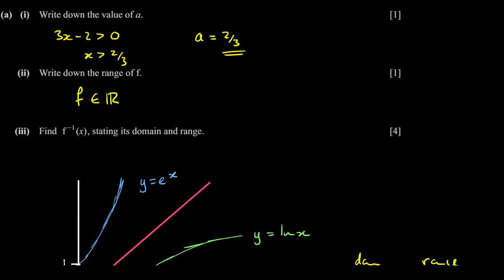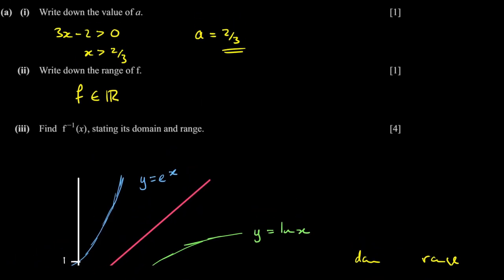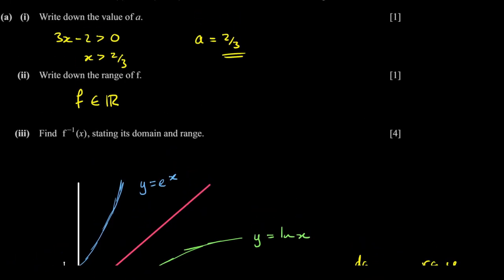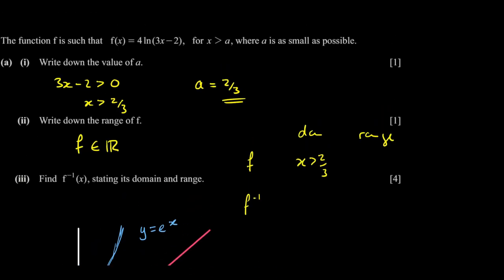So now if we go up to here, we've got f and f inverse, and domain and range. Well, what was the domain of the original function f? For f, we said x is greater than 2/3. Yep, that was it.